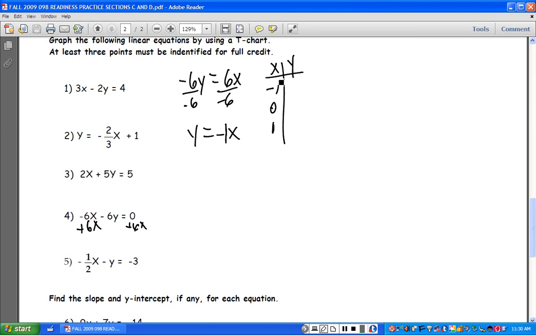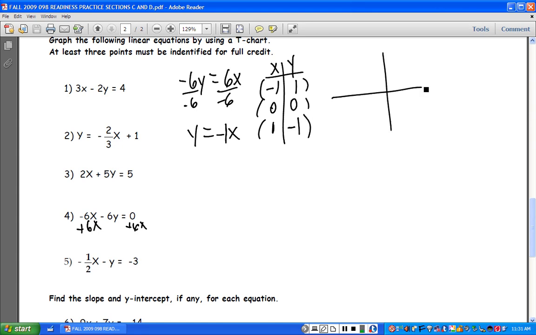Okay, so if x is -1, -1 times -1 is +1. If x is 0, 0 times anything is 0. And if x is +1, +1 times a -1 is a -1, 1 being our greatest absolute value out of our 3 points.